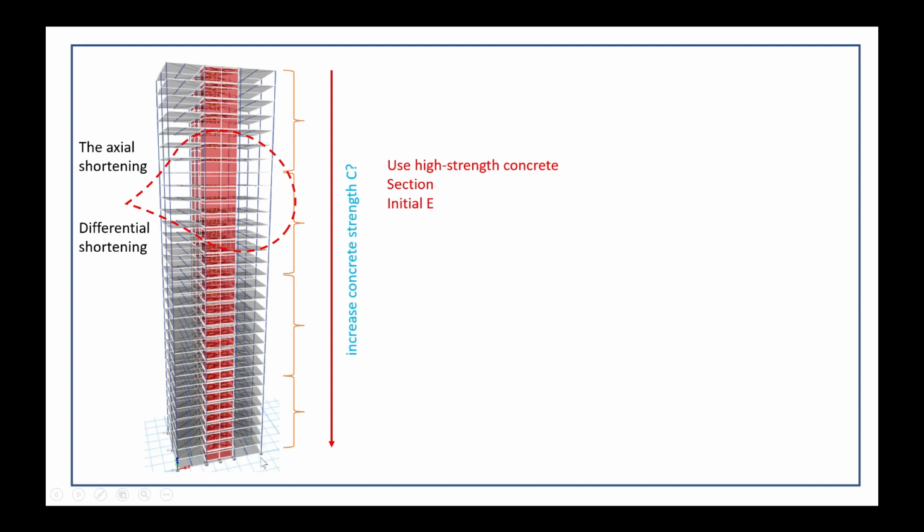At the basement we use the higher concrete strength, and for the upper stories you can decrease it from floor to floor, every 4 or 5 stories or by section. So you have to consider the axial shortening and differential shortening. Don't forget about this term.